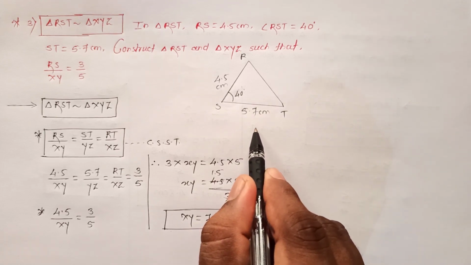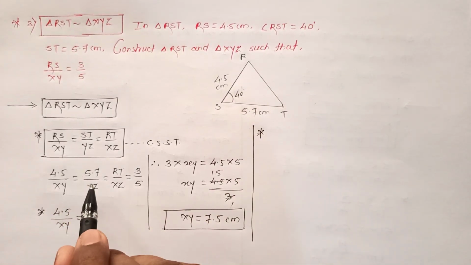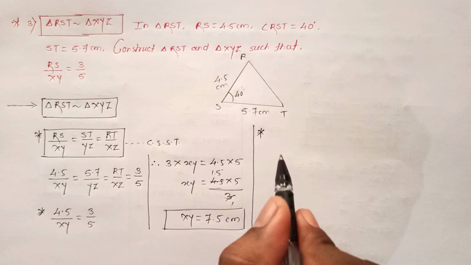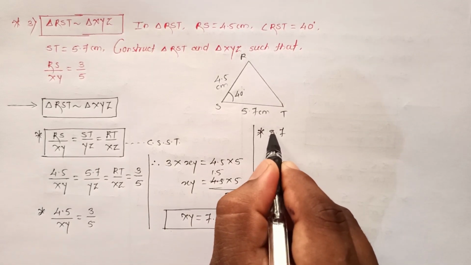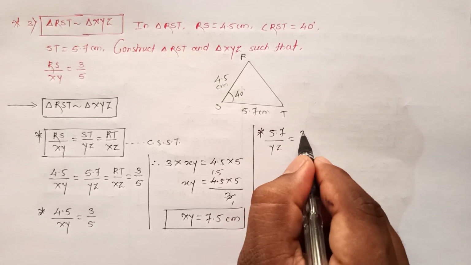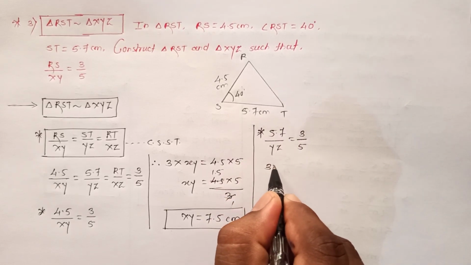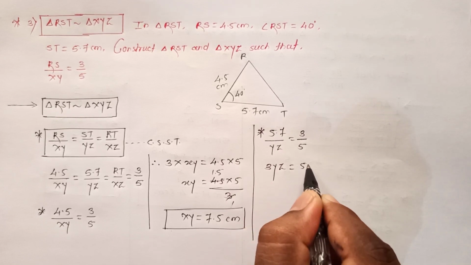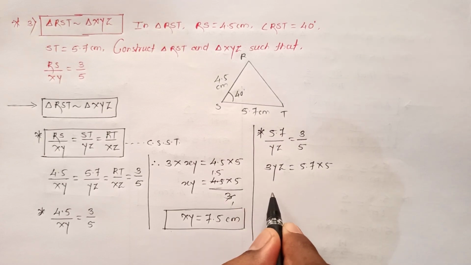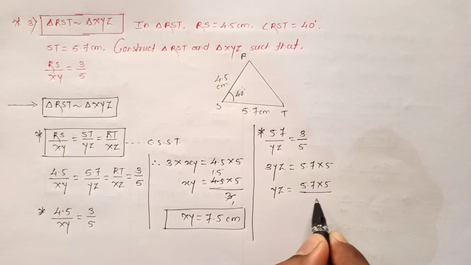So let's find the second side of the second triangle. ST is given as 5.7, so we have to find this YZ. So take that ratio, 5.7 upon YZ is equal to again 3 upon 5. Again by making cross multiplication, this will be 3YZ is equal to 5.7 into 5. Transfer this 3 to this side, so YZ is equal to 5.7 into 5 upon 3.